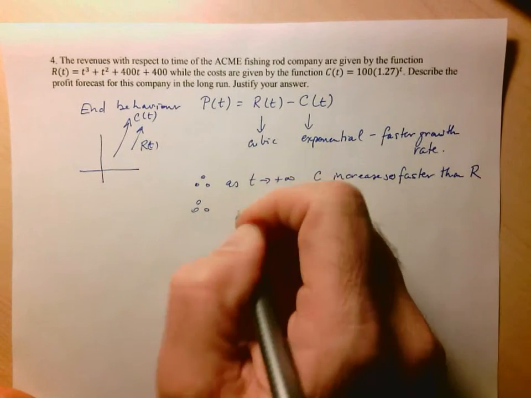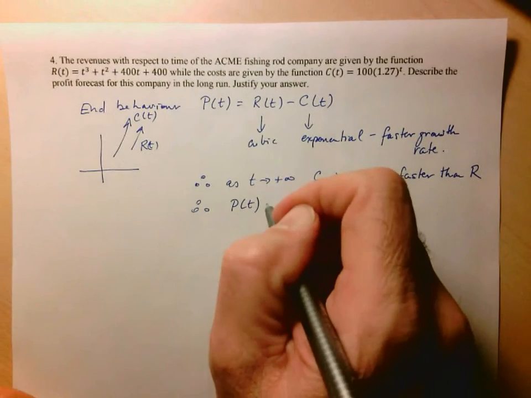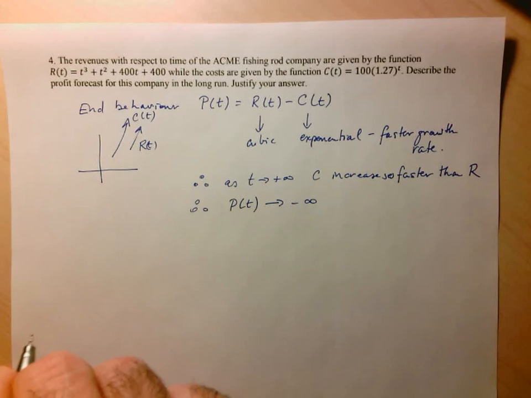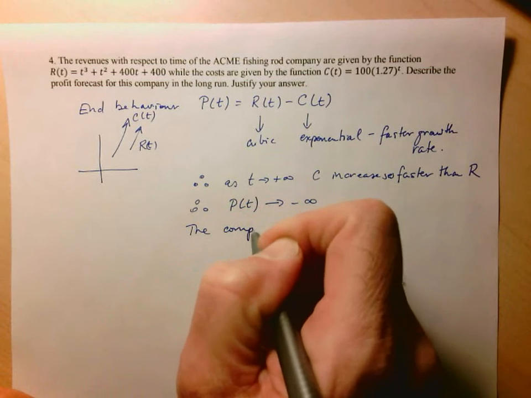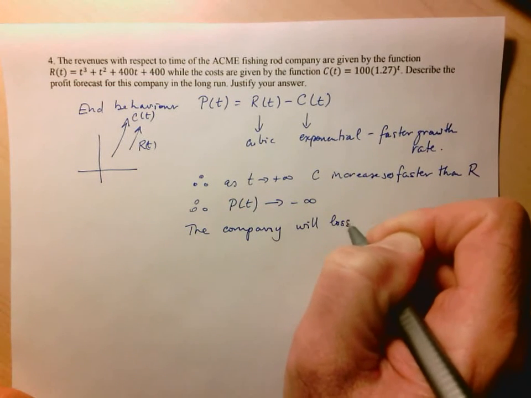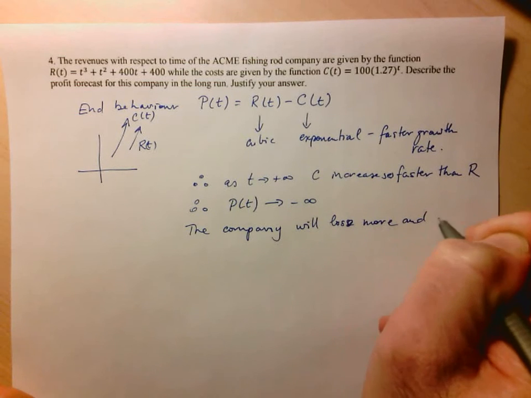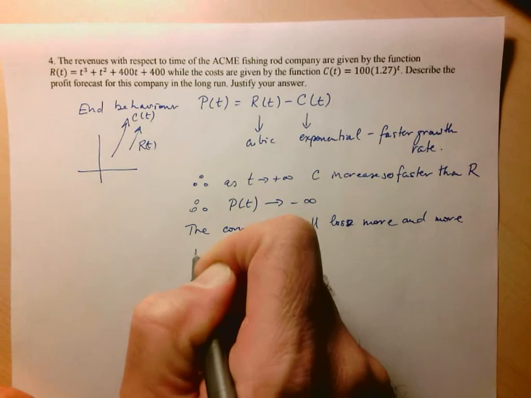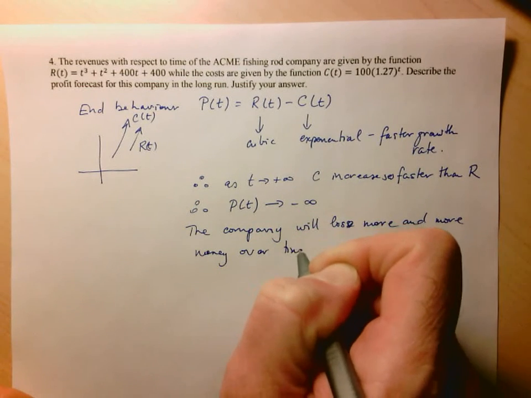Therefore, the profit, which is R minus C, is going to approach negative infinity. Okay, so what does that tell us? That the company will lose more and more money over time. Okay. And that's it.